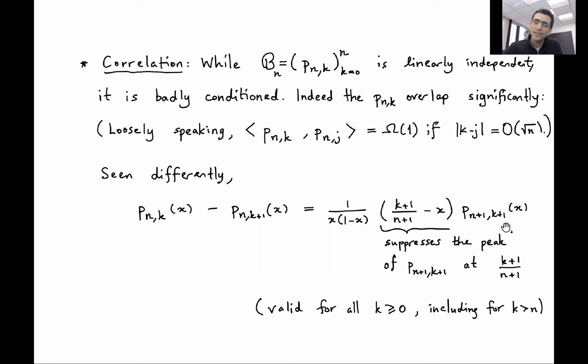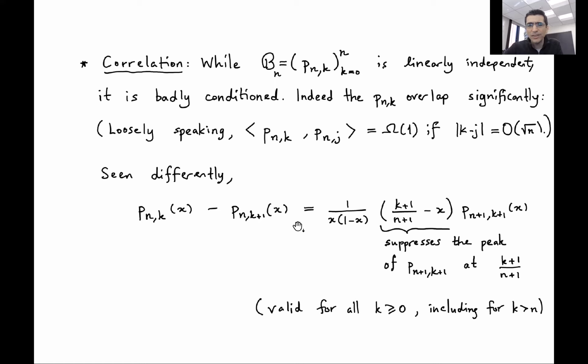So this factor peaks exactly at k plus 1 over n plus 1. Where it peaks, this linear form has a 0, so it suppresses the peak. So it's telling us that the consecutive differences of Bernstein polynomials are fairly small relative to their own size.